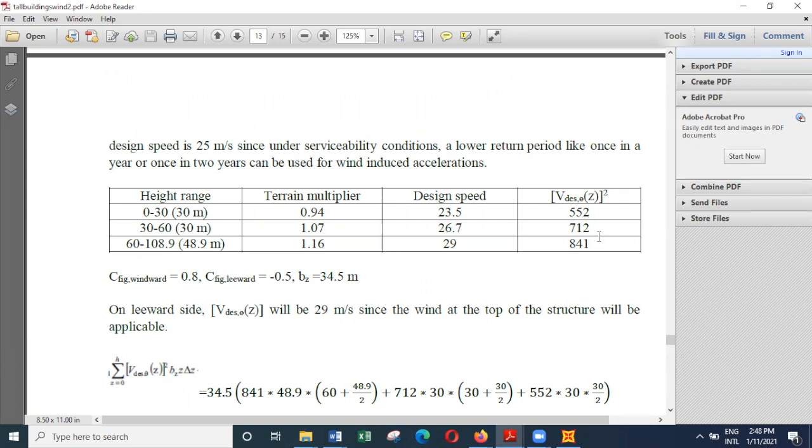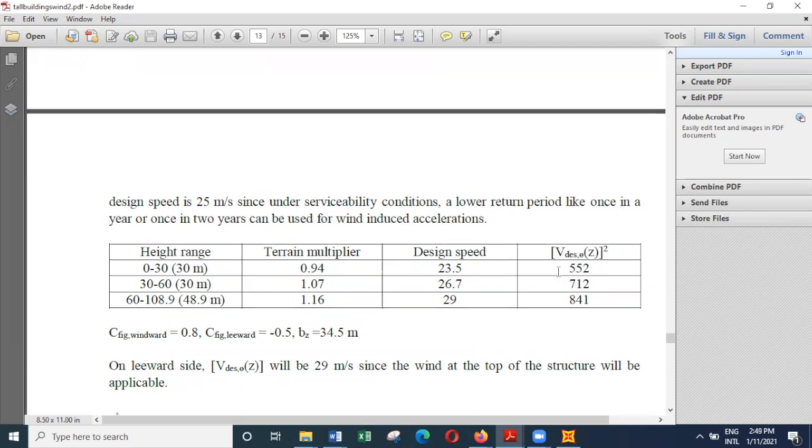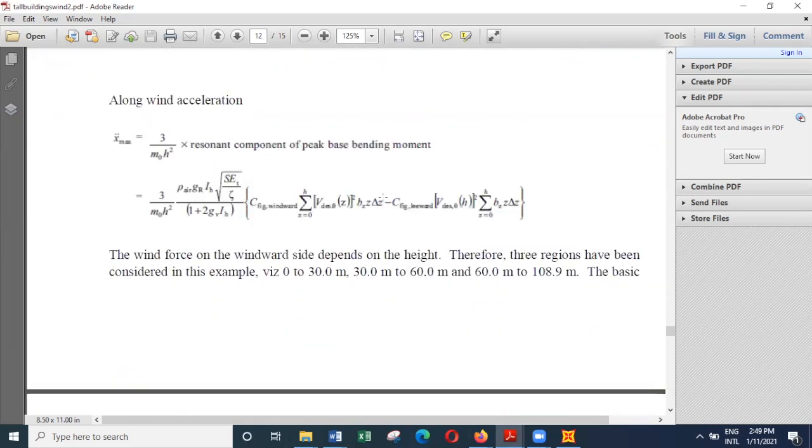And also in this equation what appears is Vz squared. So I have calculated that value as well. So now we have to find this Cp figure: windward is 0.8, this is 0.5. So we know those values.